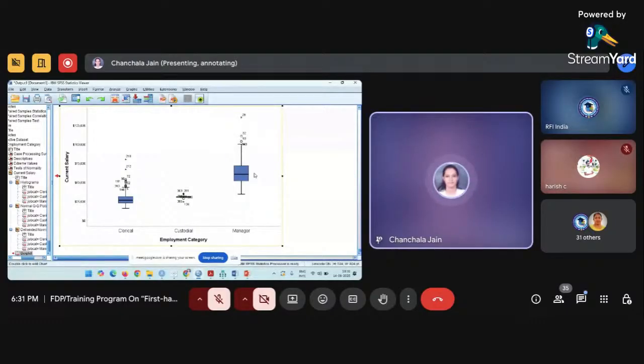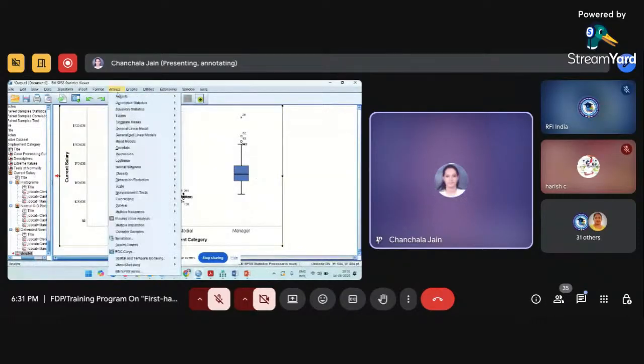How to perform one-way ANOVA? We go to Analyze, Compare Means, and then One-Way ANOVA. Repeating, go to Analyze, Compare Means, and One-Way ANOVA, and then select it. I hope you can click on One-Way ANOVA.